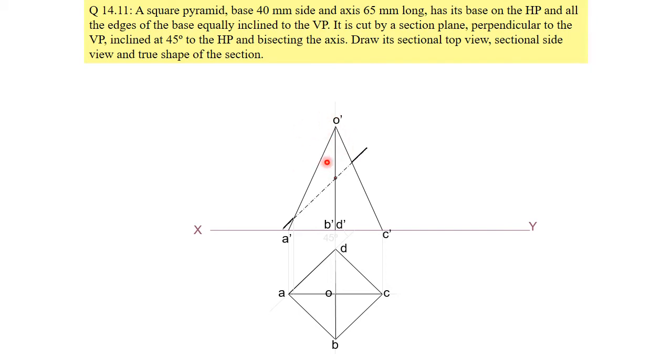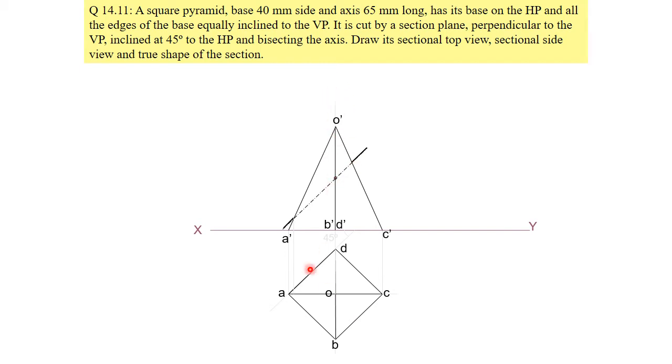After cutting, this is the section of solid, and it is considered that the upper half, the cutting part, is removed. When we see this section of solid from the top, you will get the sectional top view.